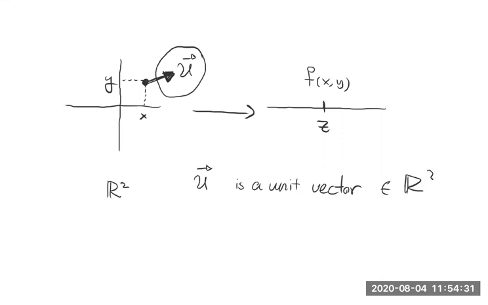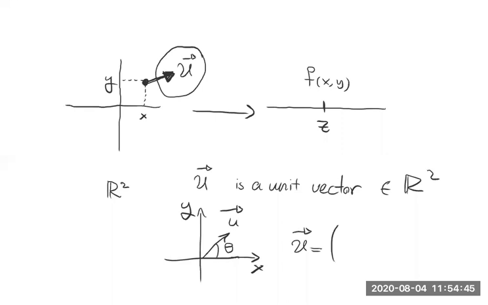So the unit vector in R2, if I move it to the origin, would be something like this. It would have some angle theta with the positive direction of the x-axis. And whenever it has angle theta with the positive direction of the x-axis, I can write this vector as cosine theta and sine theta.